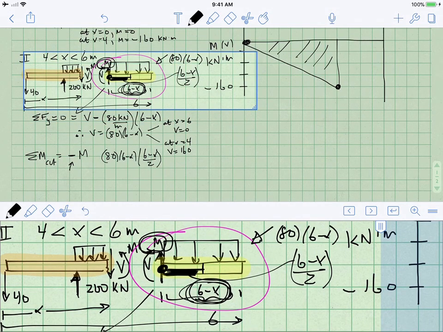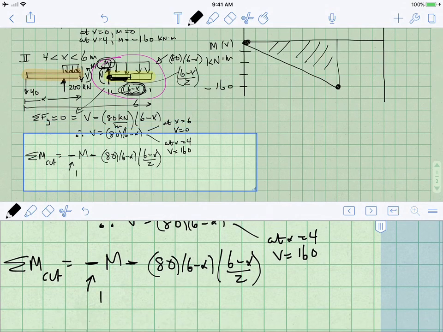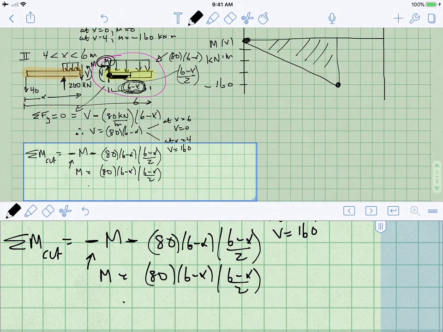Is it positive or negative? It's negative. It's causing a negative moment. And so M equals 80 times 6 minus x times 6 minus x over 2, which is the same as 40 times 6 minus x squared.